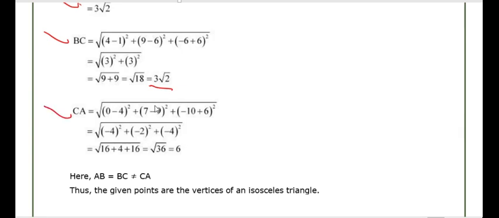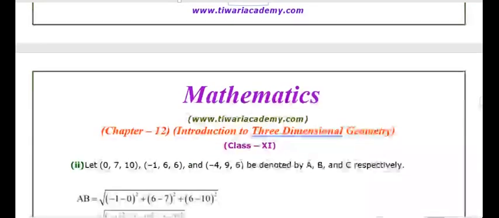And CA also you should find, 6. You can see if AB equals BC, then they are the vertices of an isosceles triangle. Why am I finding CA also? Because it may be possible all three are equal. In that case, it is the vertices of an equilateral triangle. So you should find all three. Next one.